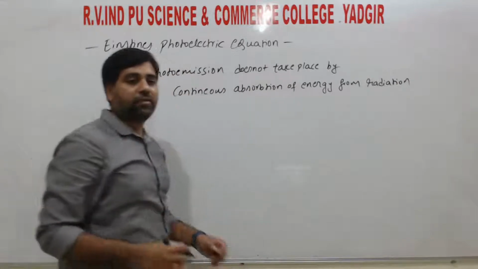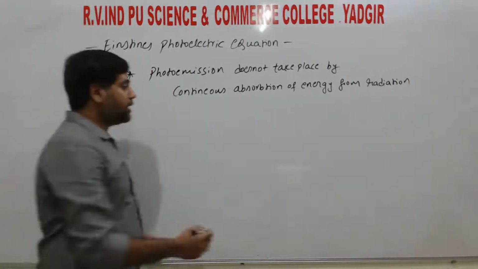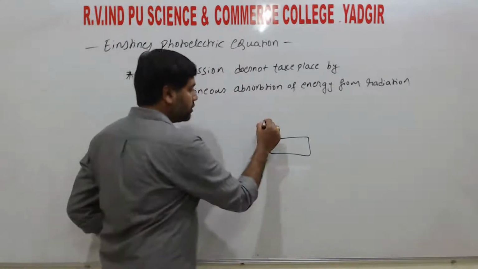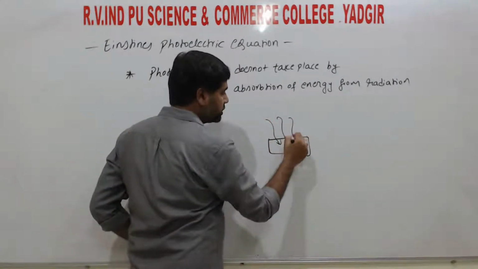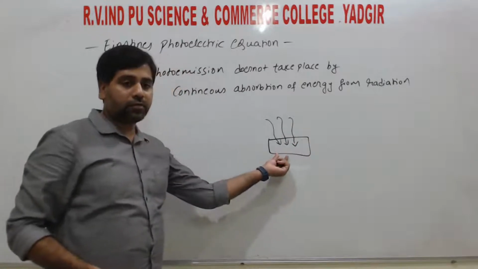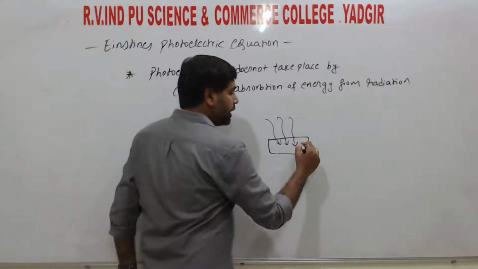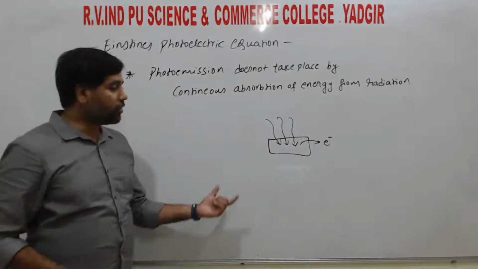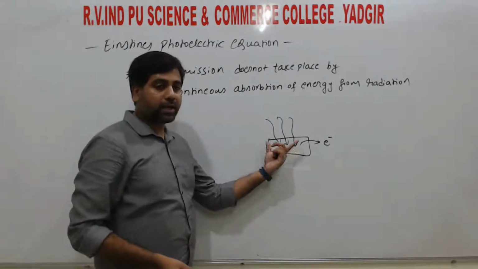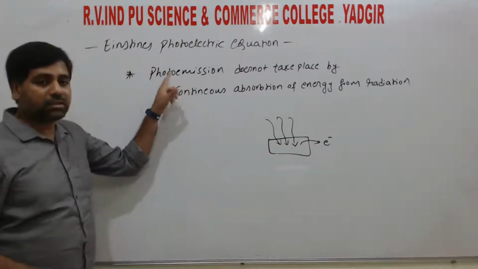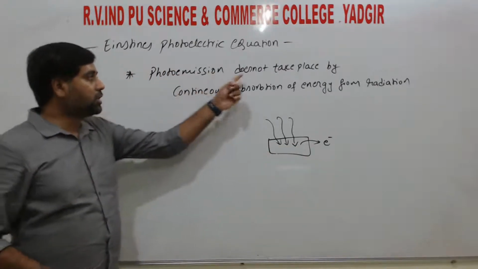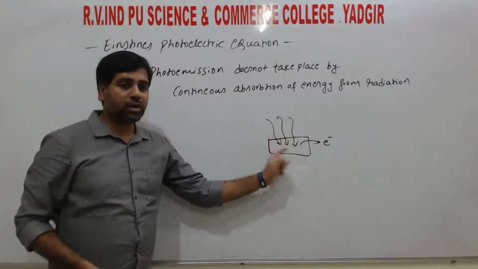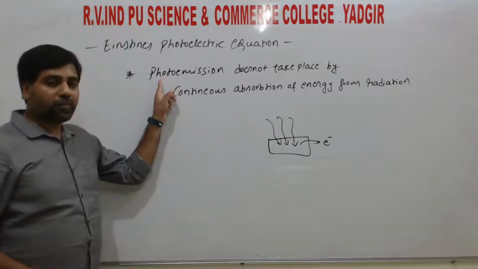In the previous study we discussed that when light falls onto the metal surface, the energy is absorbed by the electrons present in the metal, and then the electrons come out from that surface. That we call photoelectric emission. According to Einstein's theory, photoemission does not take place by continuous absorption of the energy from the radiation. So this is the first point.